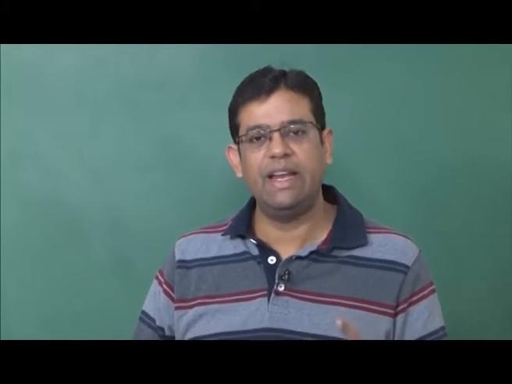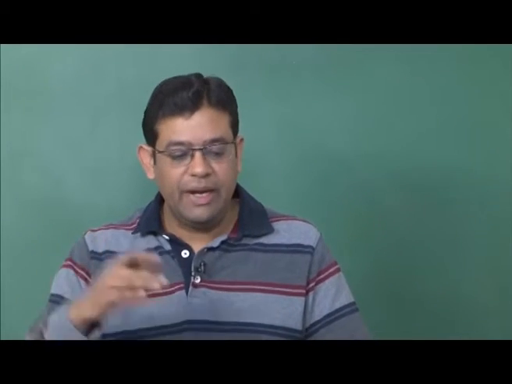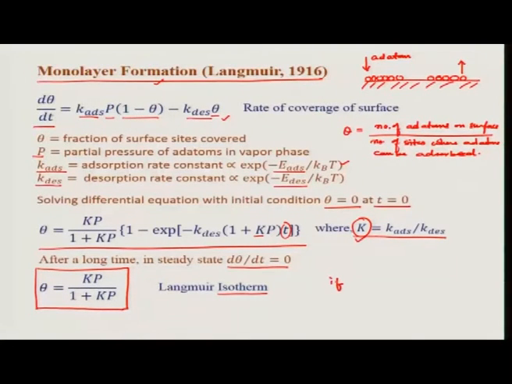So, there will never be complete monolayer formation; there will always be some sites left vacant. Only if K times P is much greater than 1, then theta will approach 1, like a complete monolayer. It will approach, but it will never reach there.